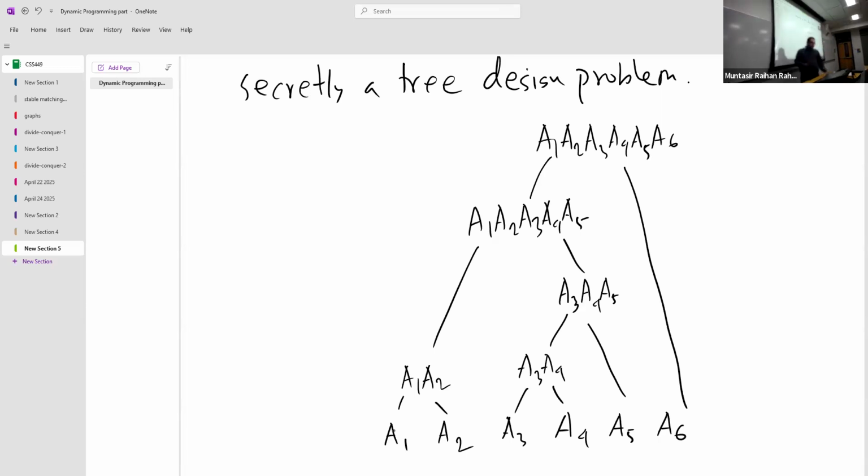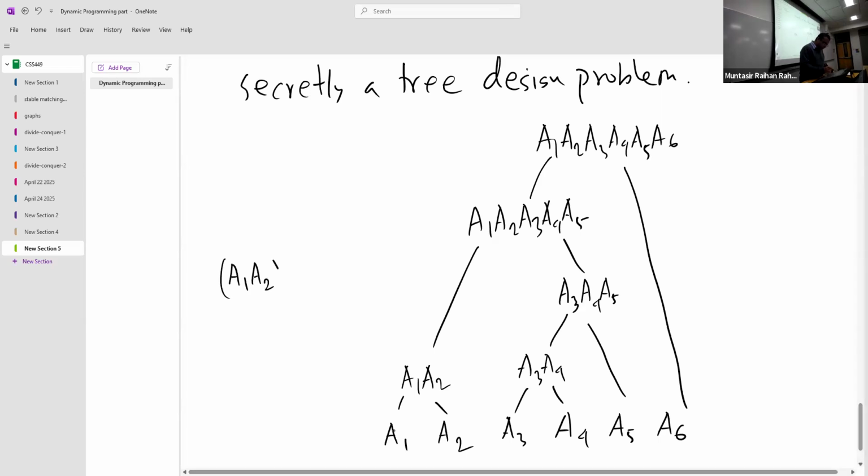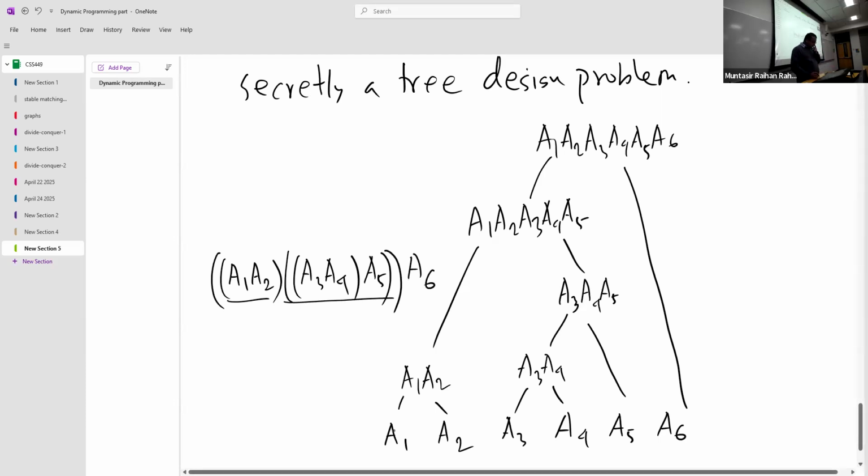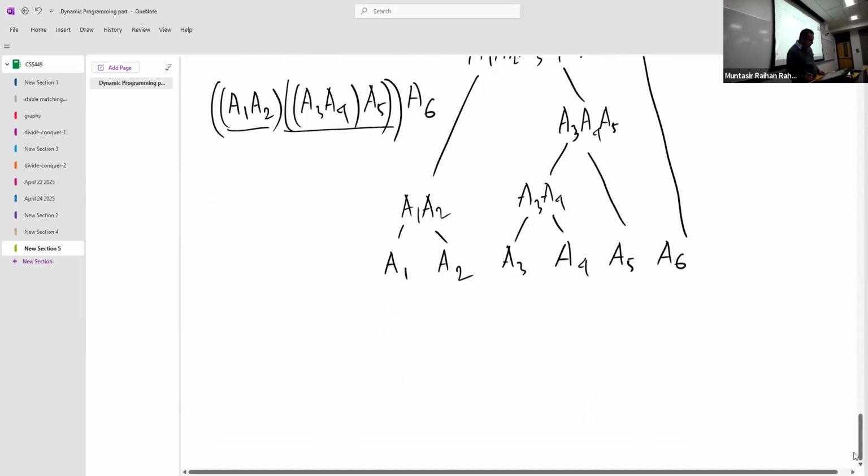For example, I did A1 and A2 first, so I put parentheses saying this is what I did first, and then I did A3 and A4, and then A3 and A4 got multiplied by A5. Then I did this one and this one, and then finally I put A6 at the end. So that's the order in which I multiplied them. Now this should give you an idea of a possible recursive strategy to solve this problem.